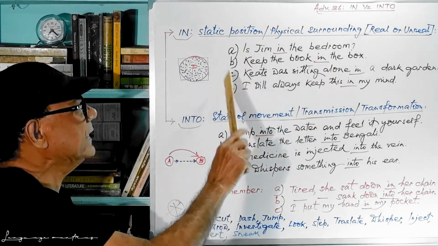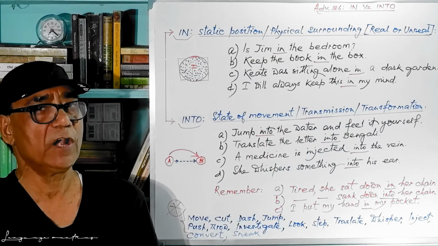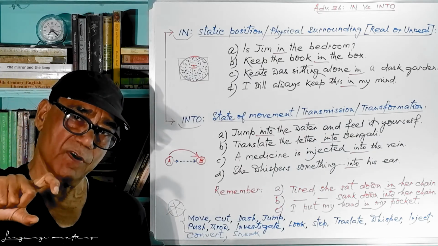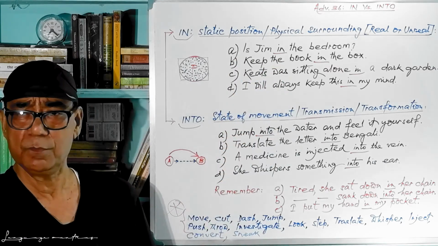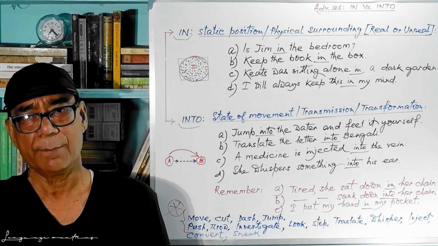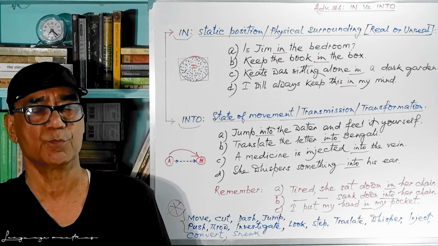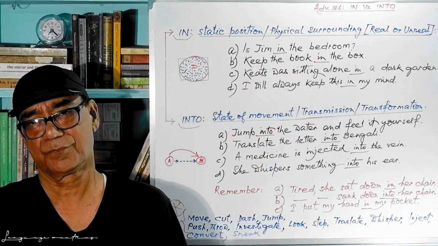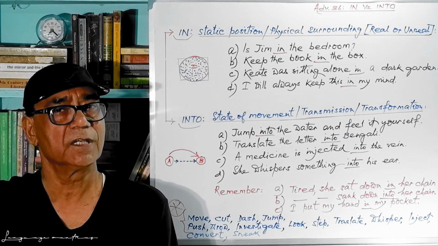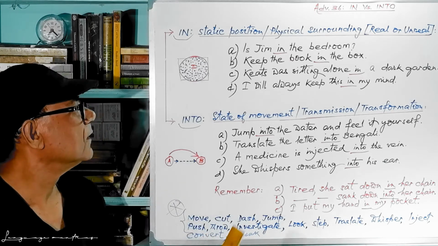Here, in these cases, only in, but you can convert it into in a different way. Is Jim in the bedroom? Okay, fine, in. Somebody came into the bedroom. Then keep the book in the box. Throw the book into the garbage.